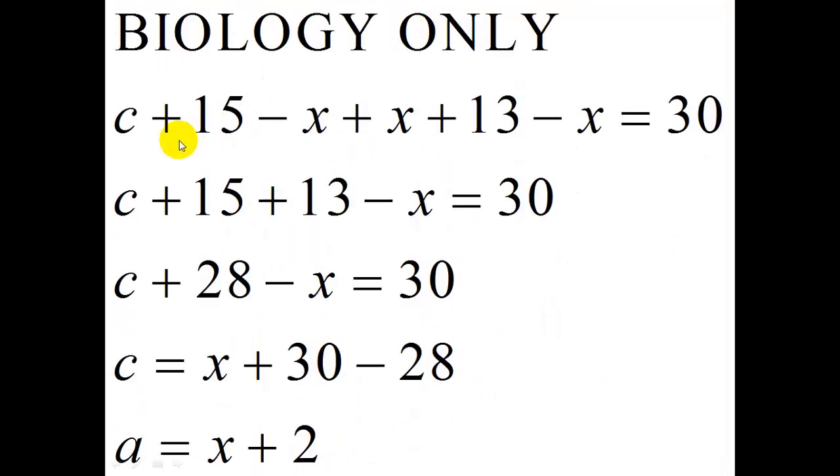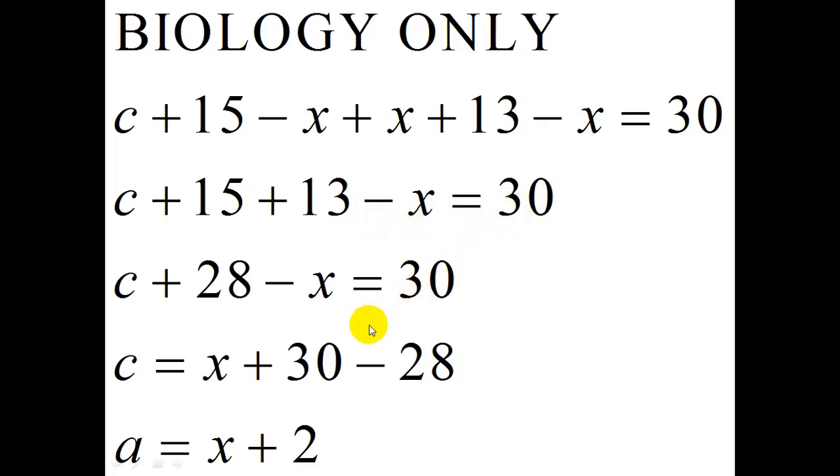So biology only, we have c plus 15 minus x plus 13 minus x equals 30. So minus x plus x is 0. Now we have 15 plus 13, and 15 plus 13 will give us 28. Already we have minus x here, and this is equal to 30. So we have c plus 28 minus x equals 30.